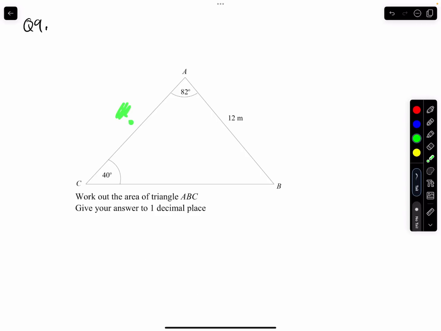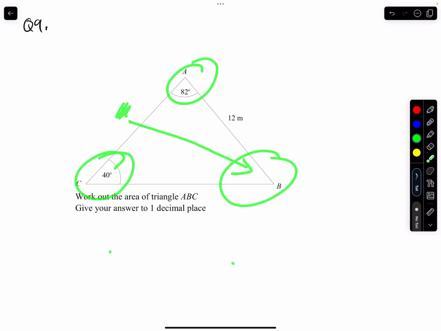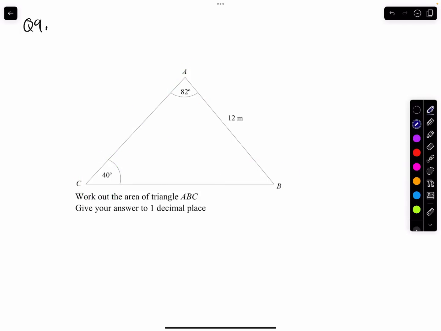Well, I can't use the sine rule because I don't have this angle, but if I look at this carefully, I have those two and I can find that angle, because the angle is in a triangle. So to find this, I can use 180 minus 82 minus 40, which gives us 58 degrees.